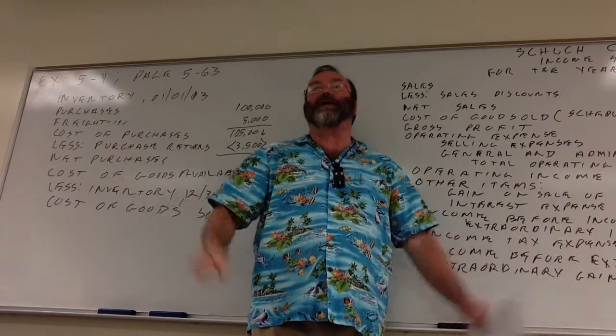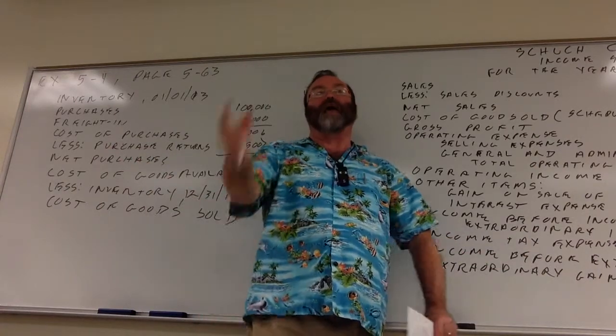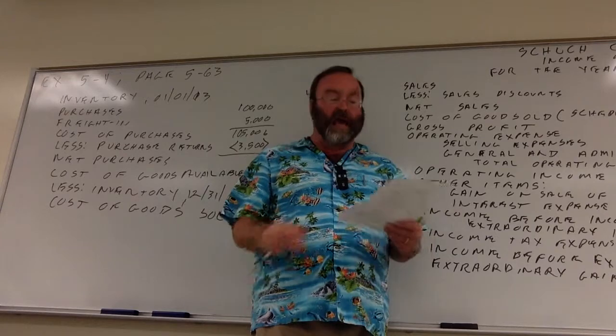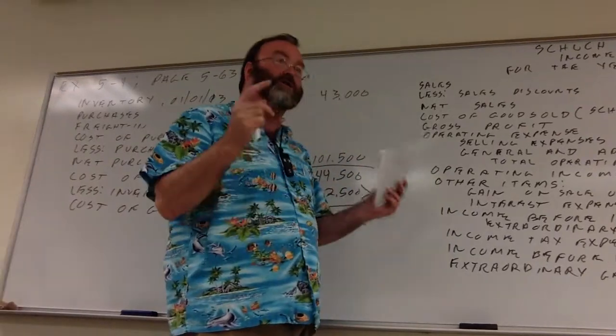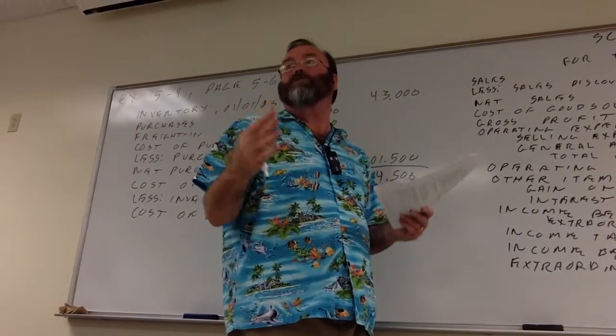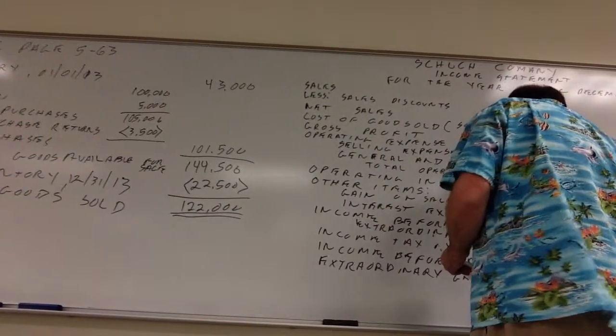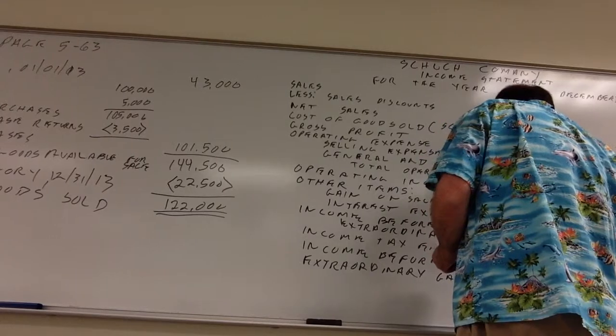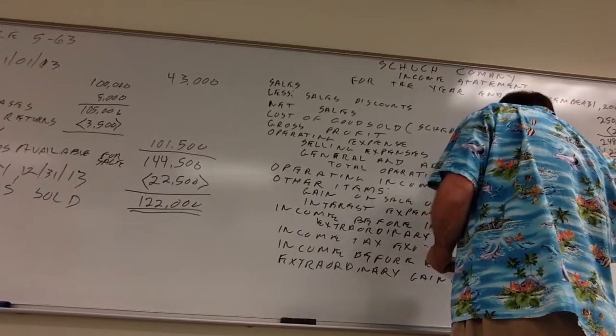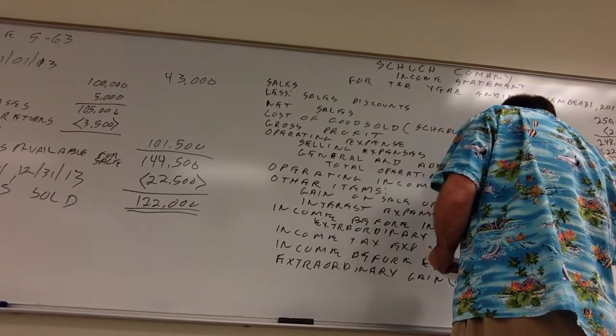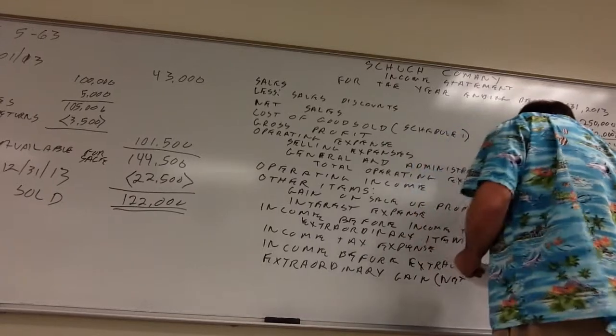We've taken the income tax out of it. So to add in this extraordinary gain of $23,000, we also have to make it post-tax. So this is going to be net of $6,900 income taxes.